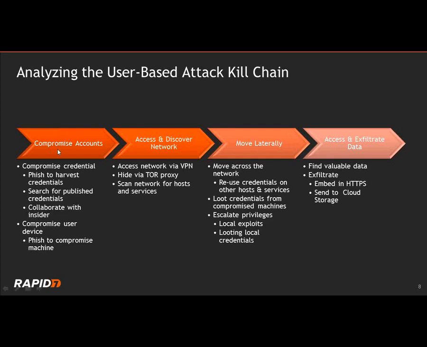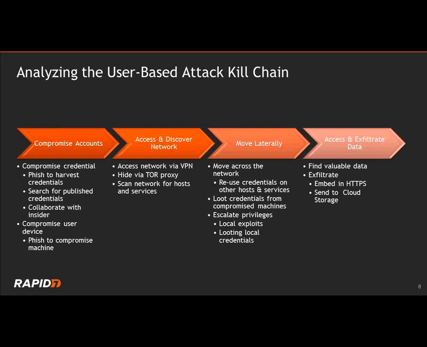So let's have a look at the different areas, how people are actually using that. So first of all, compromising accounts. You can compromise credentials through phishing attacks, where you send an email to somebody and include a link to a malicious site and actually try to simulate the target page with a fake form, and you harvest the credentials there.